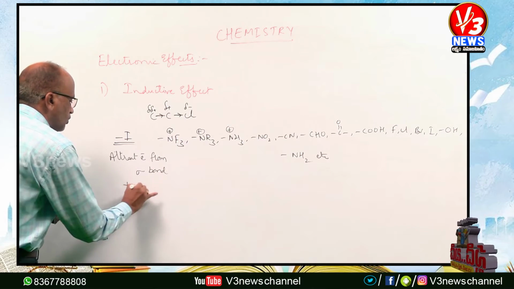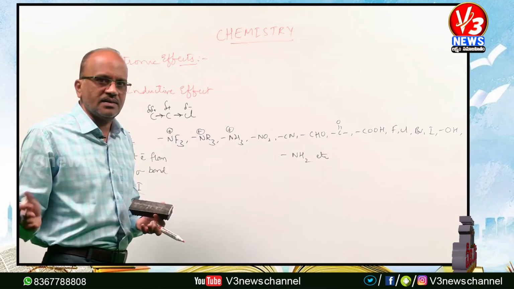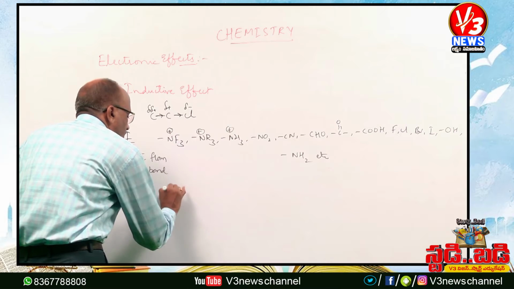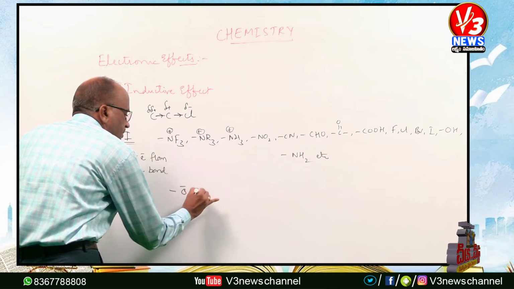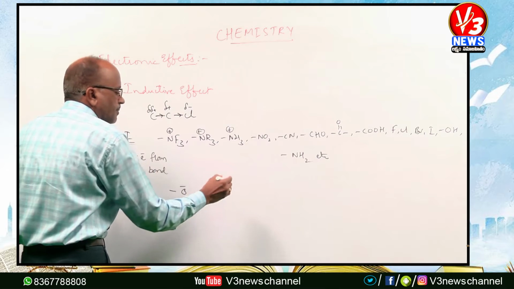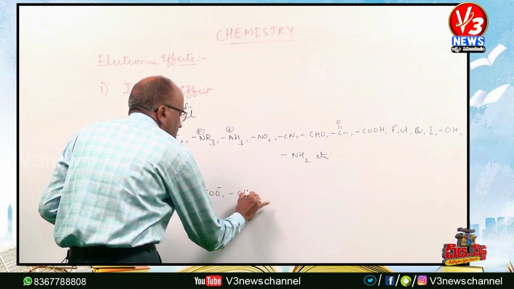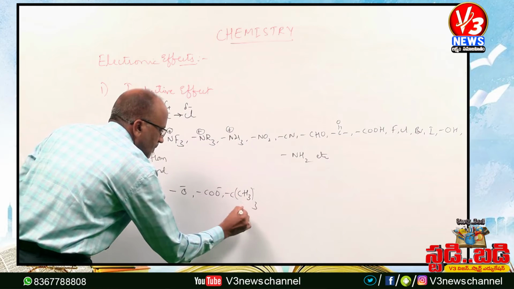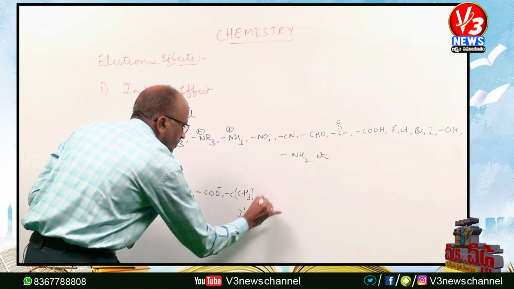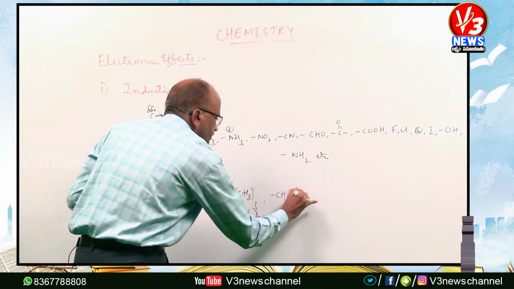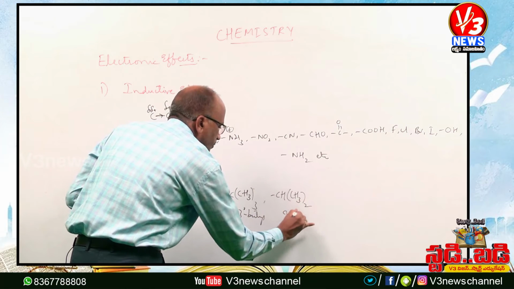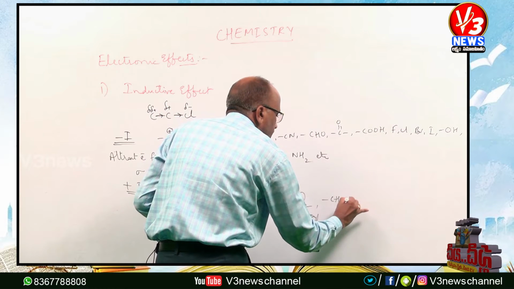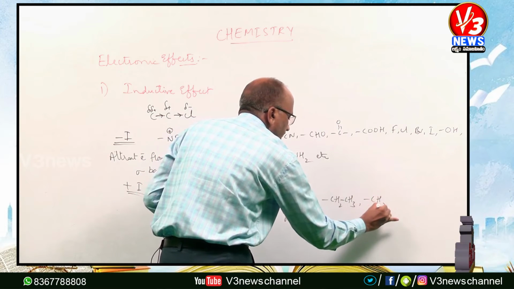Then some groups release or donate electrons, which are known as plus inductive groups. These are O minus, COO minus, then tertiary butyl group, isopropyl group, ethyl group, and methyl group.